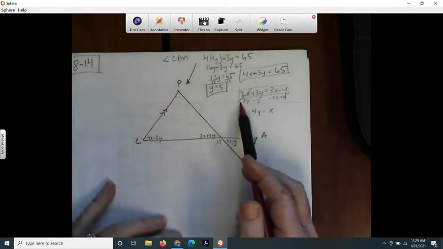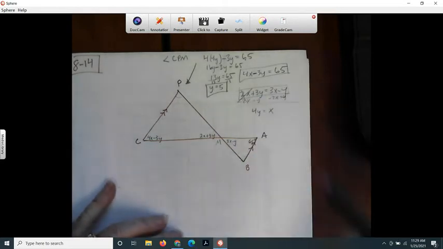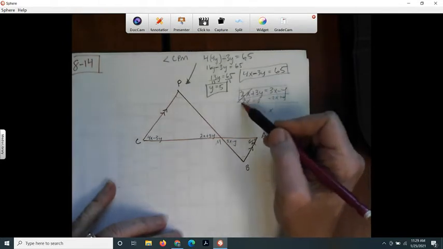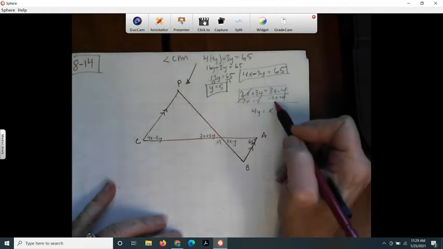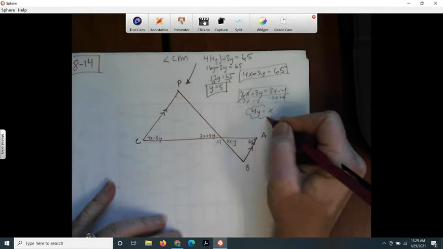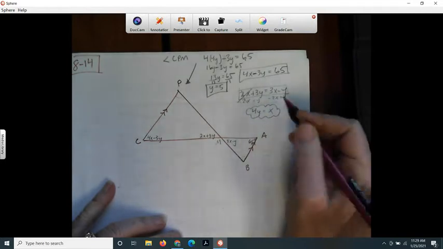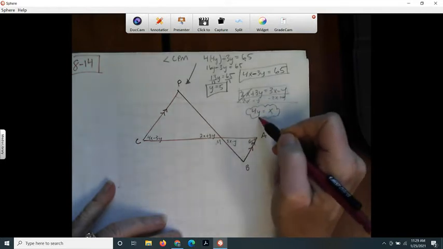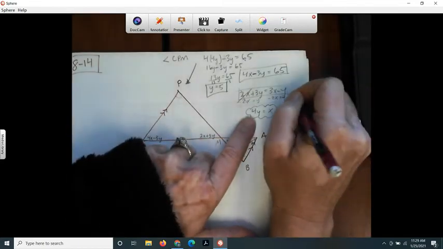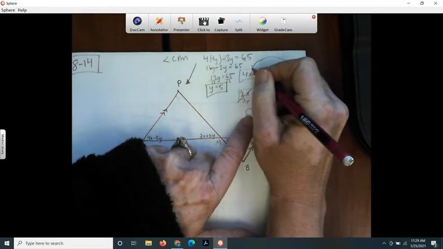So what I did over here is I went ahead and I simplified this one by subtracting 2x on both sides and adding y to both sides. And I got this nice little gem. And so now I know that 4y is equal to x, and I can plug that in right here.